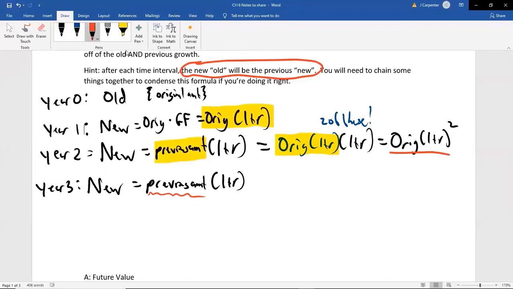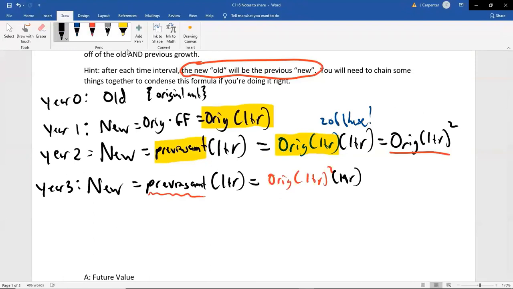So look at this. This original times 1 plus r squared, I'll write that in red since I have it red underlined. So the previous amount here, I'm going to write what I have here. Instead of writing previous, I write original times 1 plus r squared. So original times 1 plus r squared. But we still have this extra 1 plus r that needs to go here. Are you starting to see the pattern?